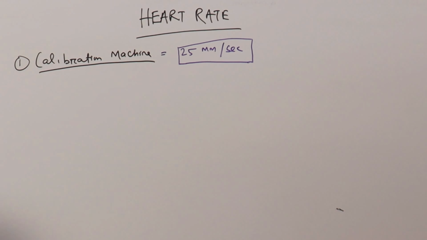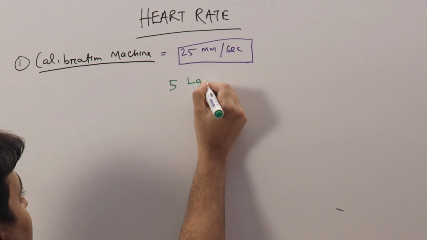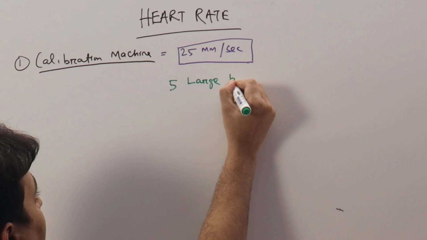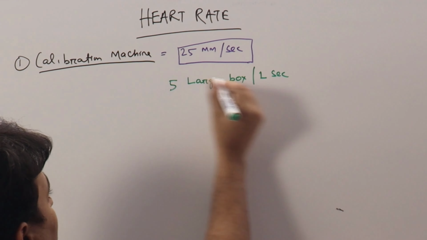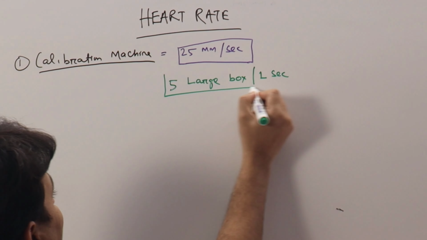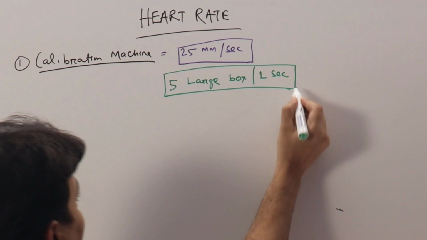What does that mean? That means 5 large boxes in 1 second. So 25 millimeter per second is equal to 5 large boxes in 1 second.